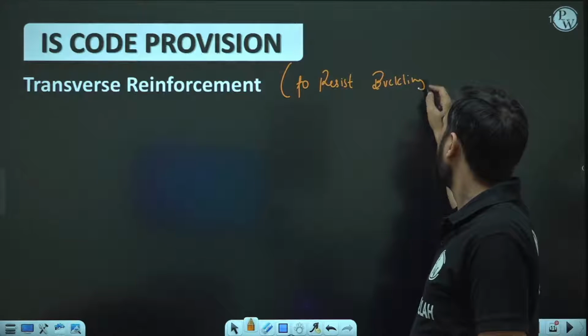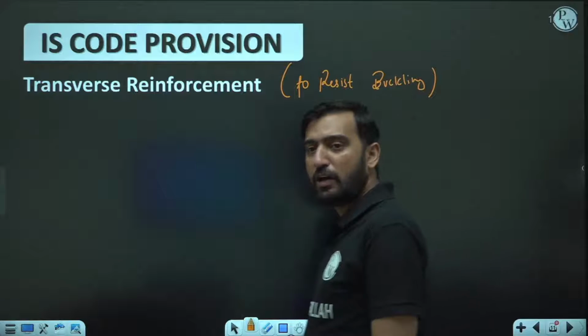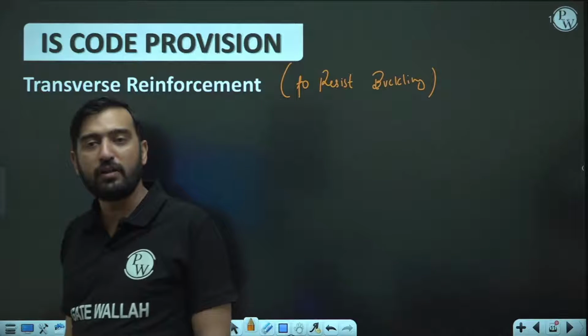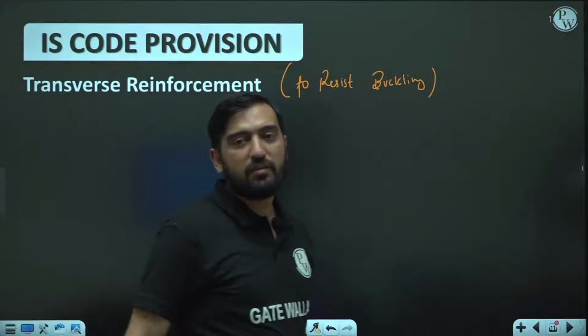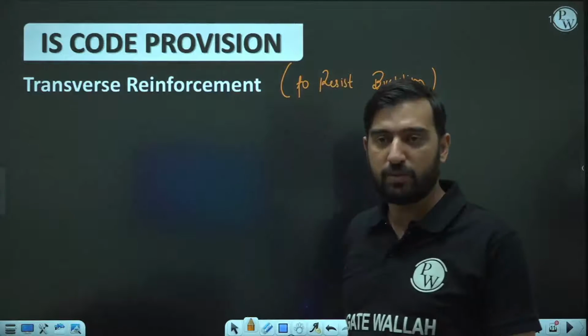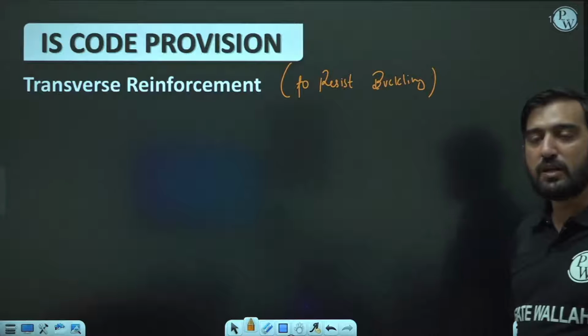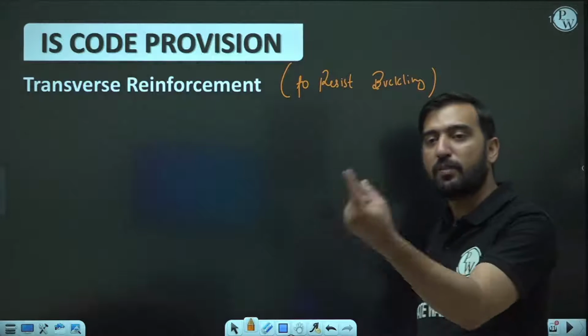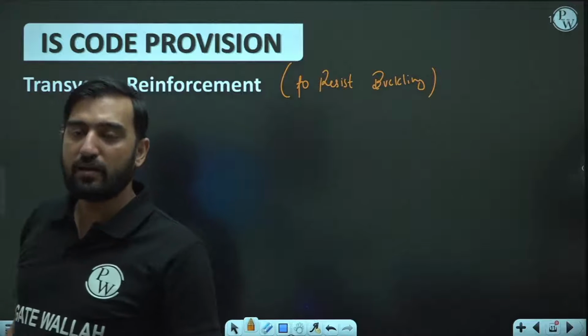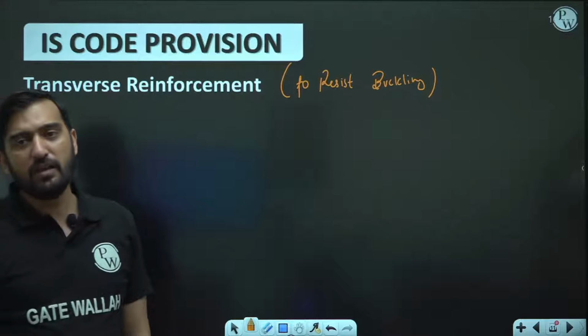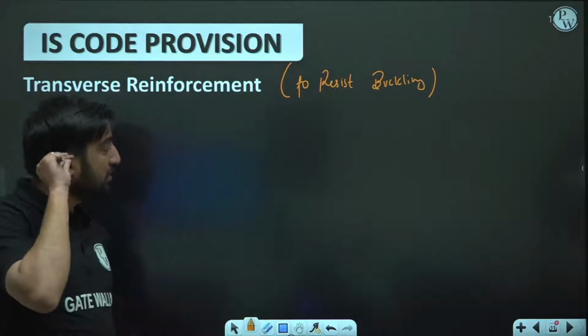Generally, we can provide our transverse reinforcement in two ways. One is rectangular ties and another is circular helical reinforcement. In helical reinforcement, the shape of the lateral ties is like a helical spiral, and in rectangular ties the assembling is easier.